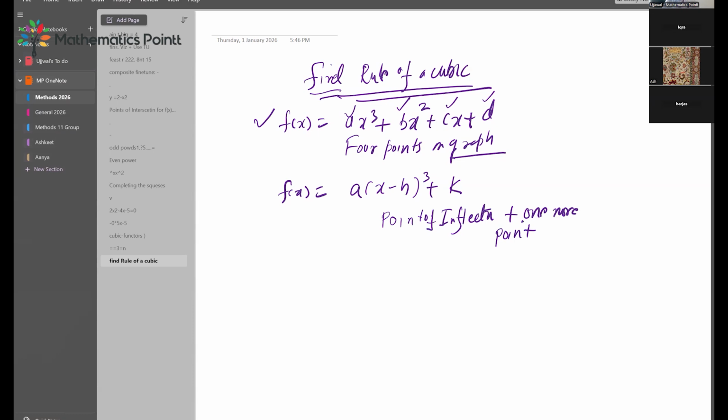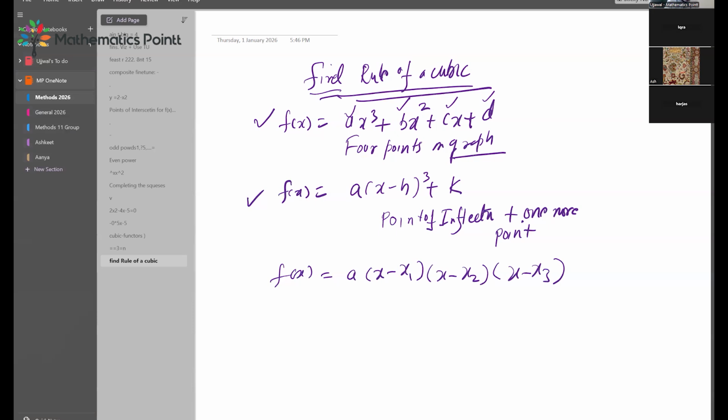If this kind of information is given to me, then I will use the point of inflection form to find the rule. And the last but not the least is the x-intercept form.